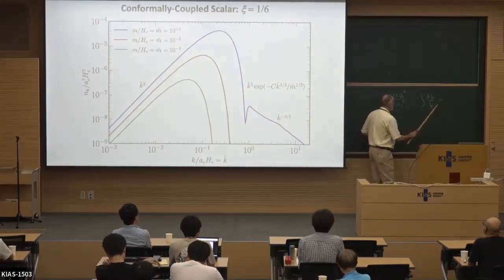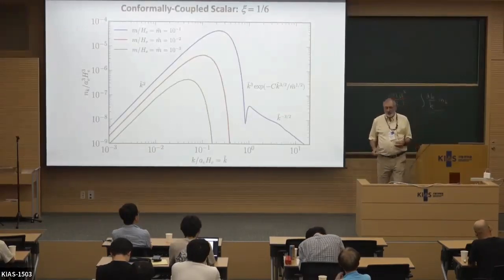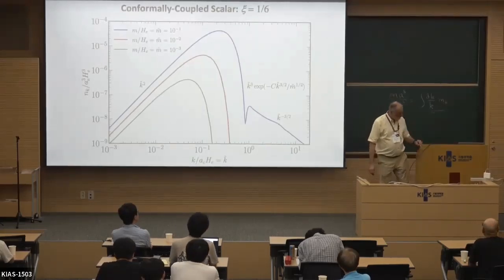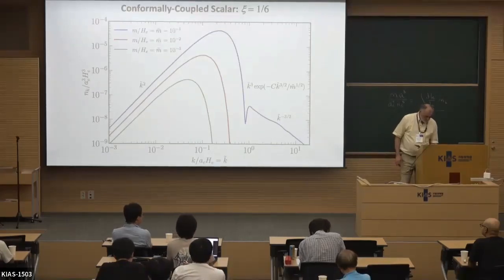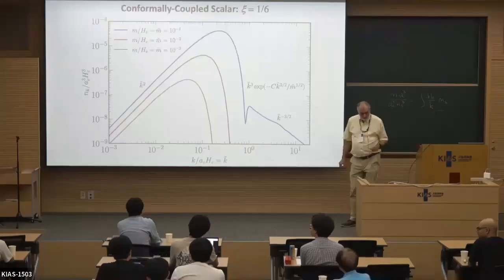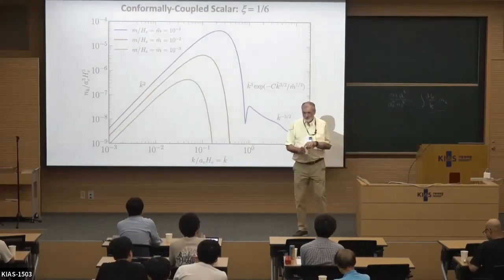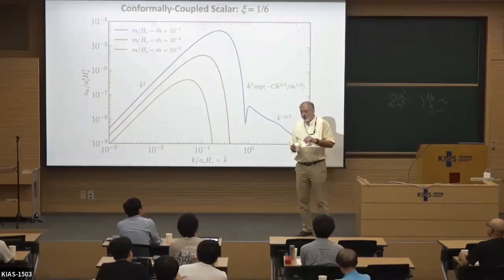But the spectral density is the power per logarithmic interval in k. For the spectator field?